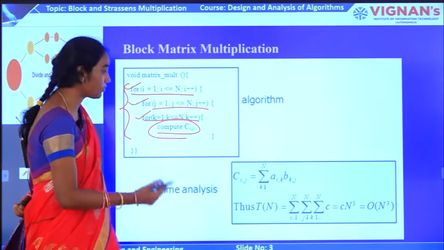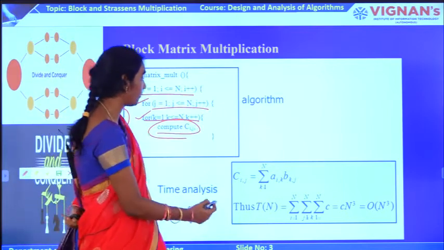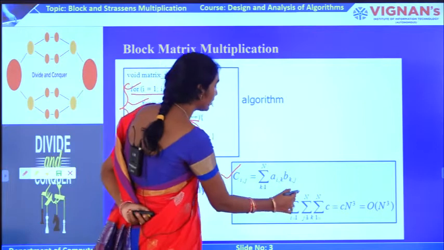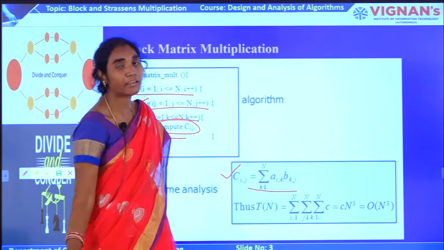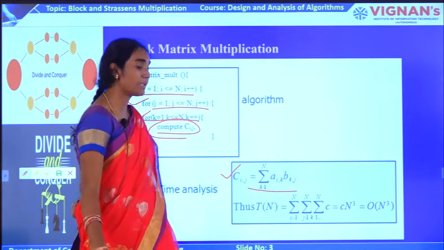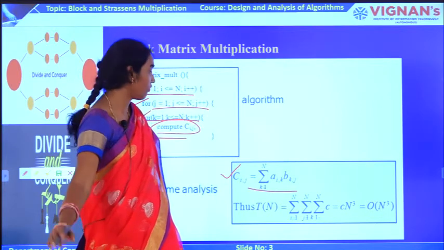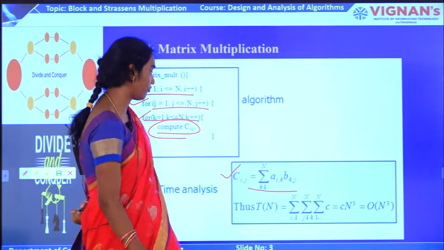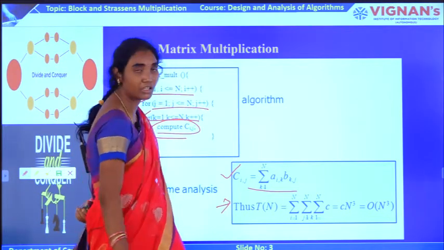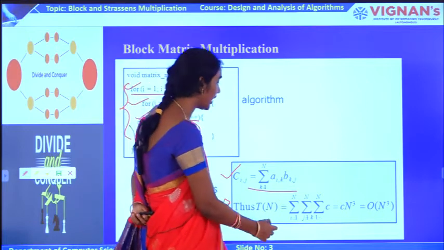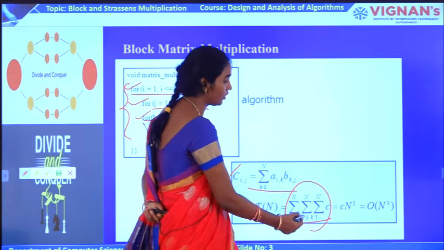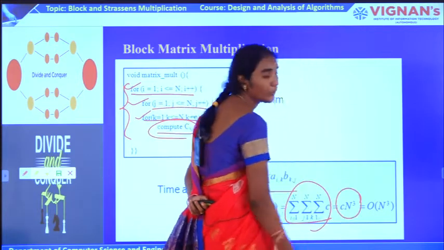Coming to the analysis part, C of ij I am computing by means of summation of Aik into Bkj, that is Aik into Bkj plus Aik into Bkj plus so on. Now the time complexity T of n: I will have 3 for loops, so C into n cube.